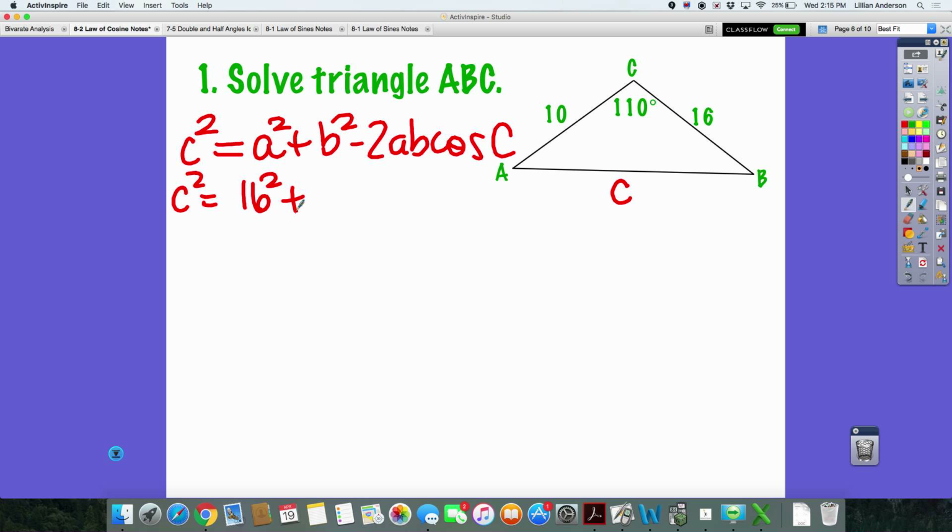What's b squared? 10. So you square that. Minus 2 times a times b. What are you going to do? Multiply. So that's 2 times 16 times 10. And then since it's attached to the cosine, you're multiplying the cosine of angle C as well. Now at this point, we go to our calculator and we type this in.